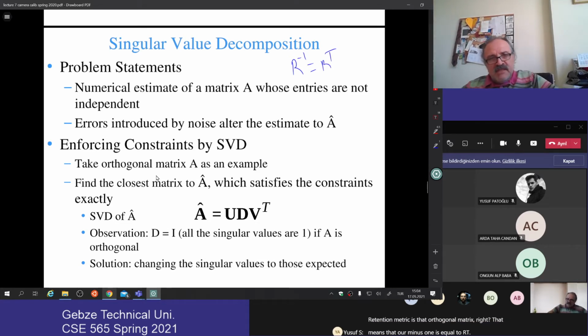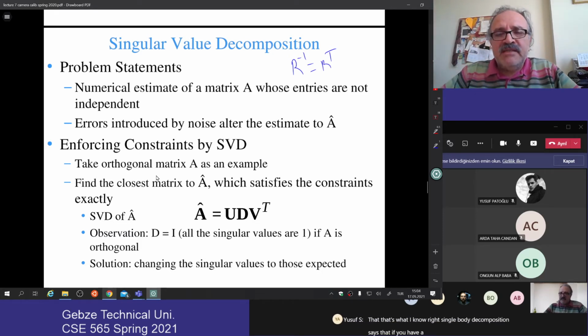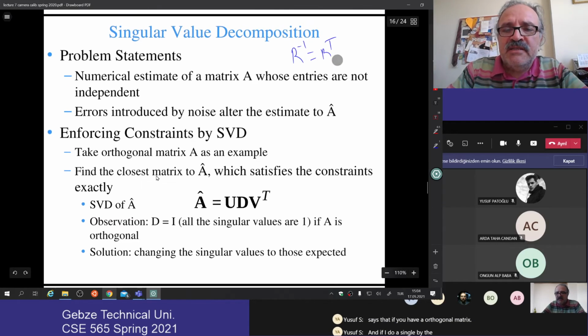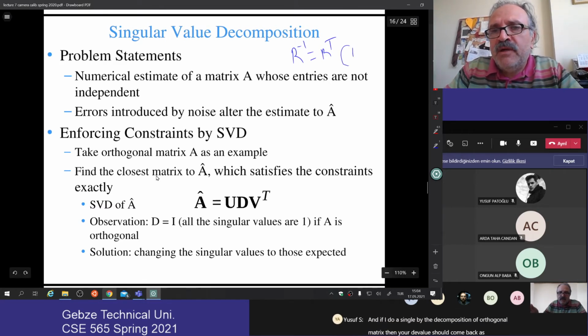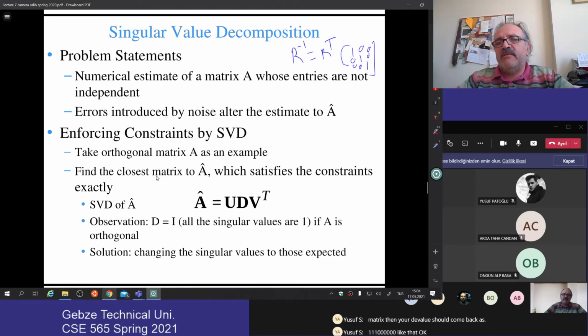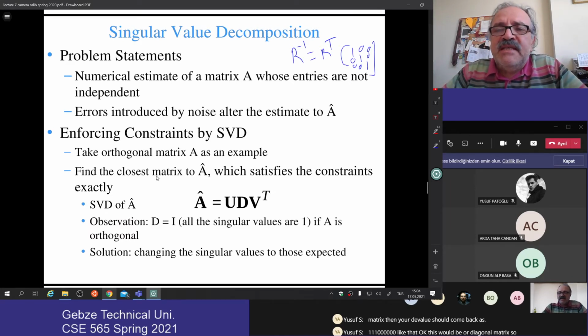Singular value decomposition says that if you do a singular value decomposition of an orthogonal matrix, then your D values should come back as 1, 1, 1. This would be your diagonal matrix. So orthogonal matrices have their singular values as 1, 1, 1. That's one property of the singular value decomposition.